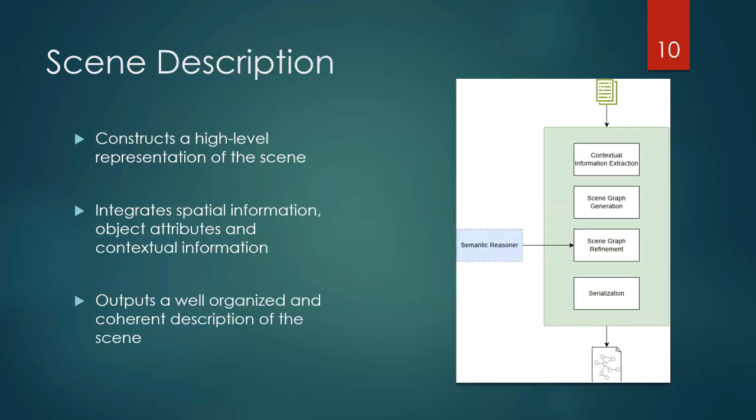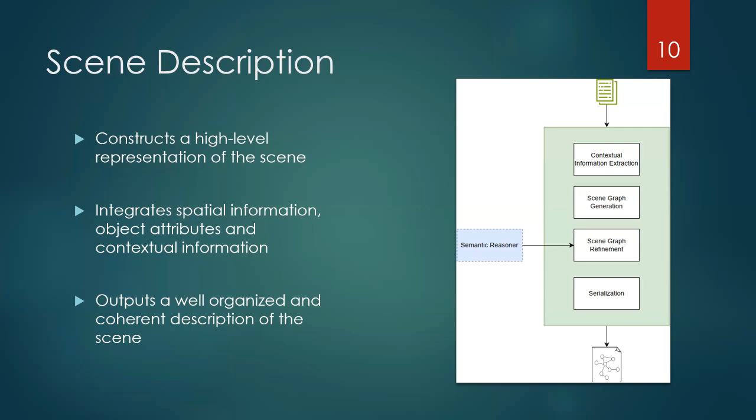So the second module is the data description or the scene description. This module receives the information from the processing of the visual information and has the responsibility of creating a more advanced and concise representation of the information using the power of scene graphs.